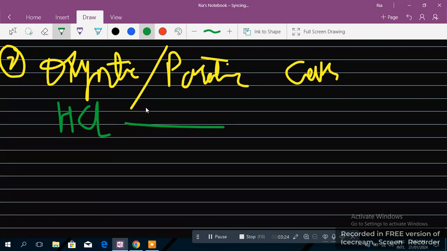The pH of HCl is around 1.5 to 2.5. Why does this help?